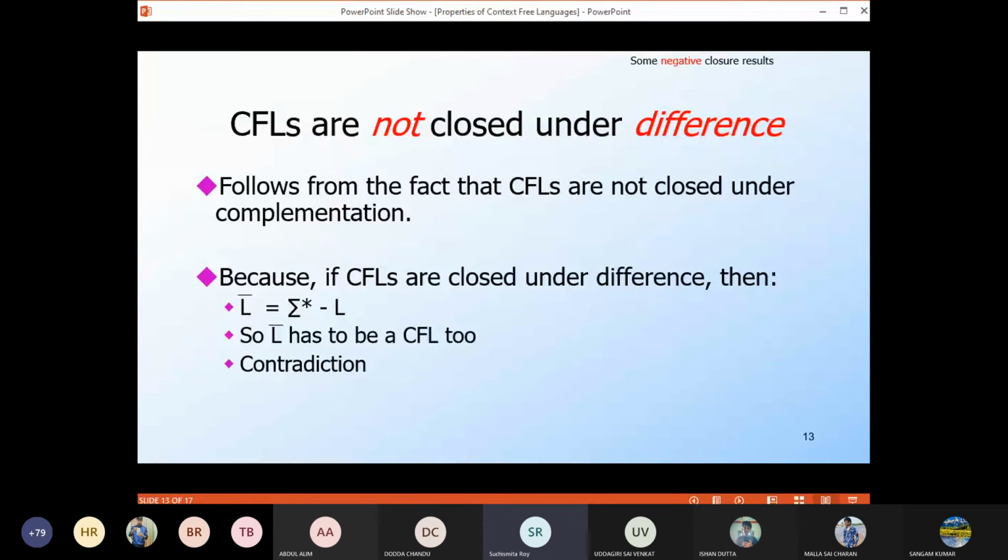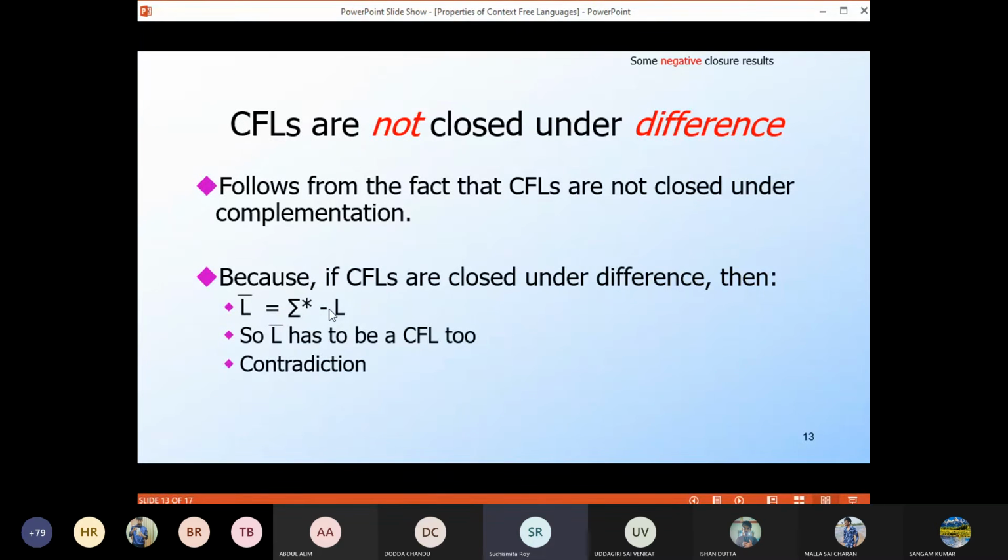Similarly, difference is also defined in more or less the same way, because complementation is not closed. Complementation you can always define as sigma star minus L, where sigma star is your universal set. Now sigma star is context free, this is clear, and L we are starting with as a context-free language.